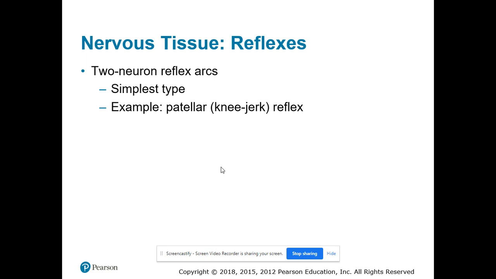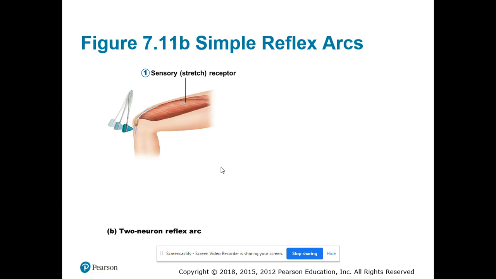Now that we kind of understand the basic principles of a reflex arc, there are 2 types. There's the simple type, which is your patellar reflex, your knee jerk that is tested at the doctor's office. For example, here they take their little tool, hit it. It's going to cause a sensory receptor within your muscles to cause your leg to kick out.